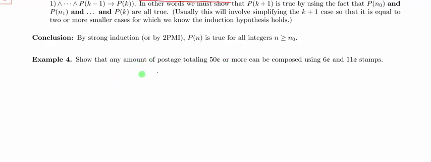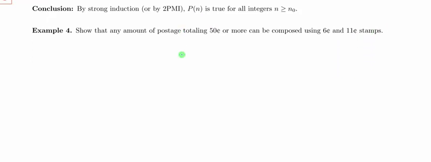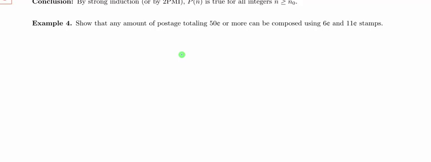I'm going to prove that any amount of postage totaling 50 cents or more can be composed of 6-cent and 11-cent stamps. And we wouldn't have to do this with stamps, but it's maybe more likely that you'd have stamps in these unusual denominations than you would have with, say, coins. What we're going to look at, so we'll still have our base case.